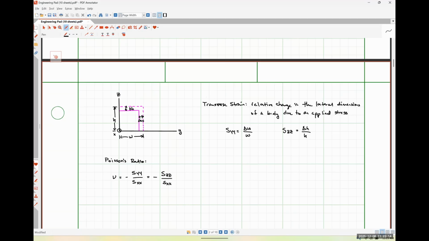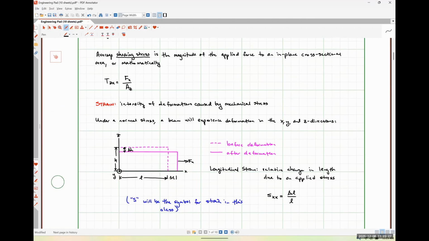So I think we have a relatively good grasp of what's going on with normal strain. So now let's talk about shearing strain. So let me go up here.